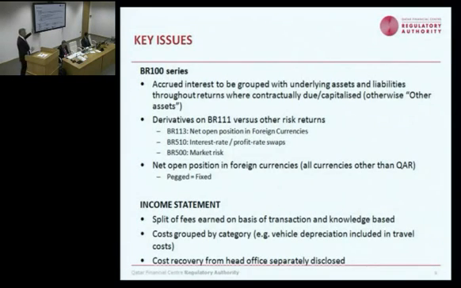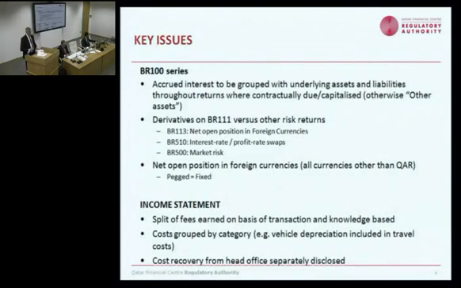This series, 100 and 200, is locked down. There will be no changes to these forms until after July. One of the small changes we're talking about is to introduce under other assets accrued interest not yet capitalized, so that we know what that number is. But once contractually due, it is part of that credit exposure.